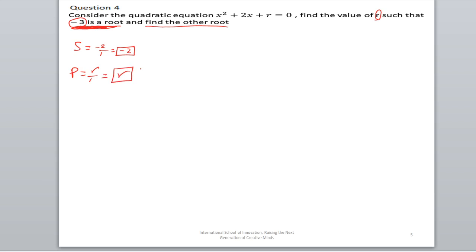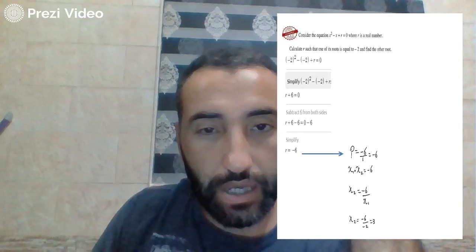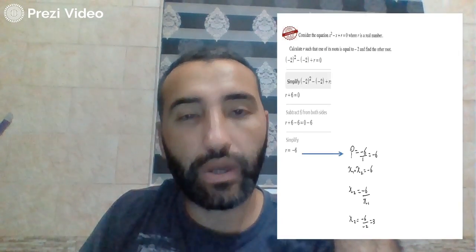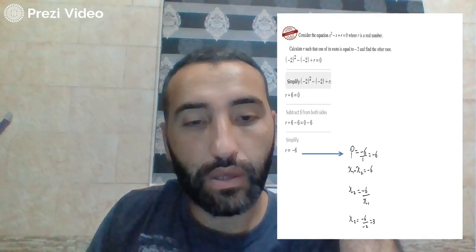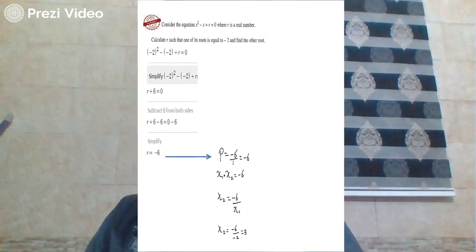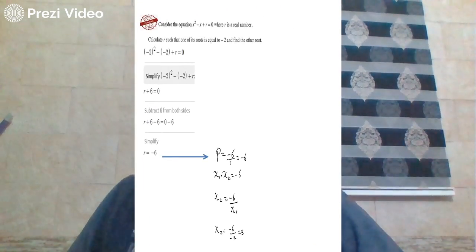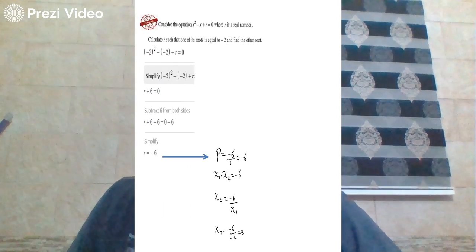I have one root, which is negative 3. We should remember a question we did before in the worksheet, in the lecture: x square minus x plus r equal to 0, calculate r such that -2 is a root.